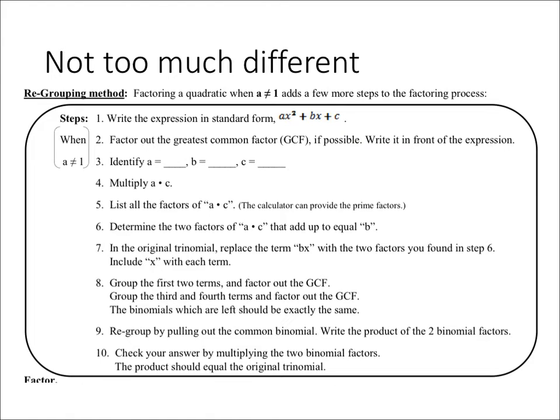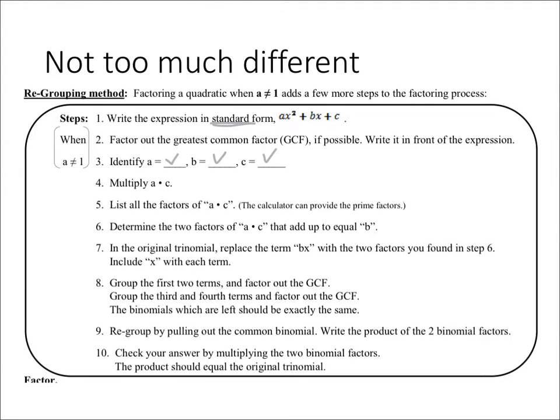Before, we still had an expression, and that expression was ax squared plus bx plus c. We need to make sure that we are in standard form whenever we do those things. We're still going to identify a, b, and c.